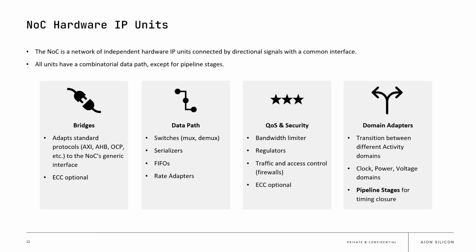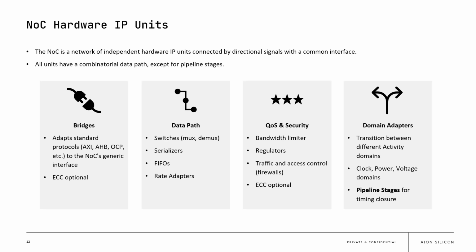And the data path comprises switches such as muxes, demuxes, serializers, FIFOs, adapters, and so on. On performance, you have rate limiters, bandwidth limiters, regulators, as well as for security, there is firewall support as well.